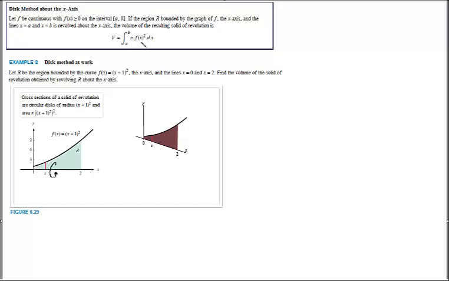Well, what this is saying is that your volume is, you've got to get that surface area, and that surface area is going to be pi r squared. And using that same slicing technique times the thickness, so do you see that it's the pi r squared, because my radius here is just that function.